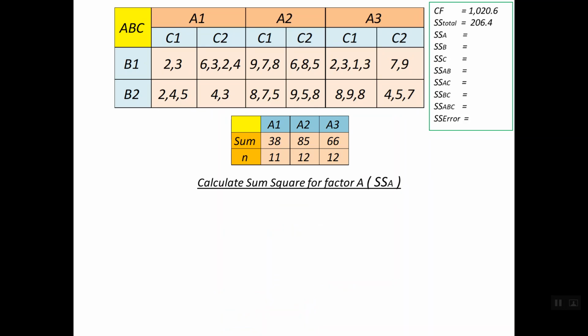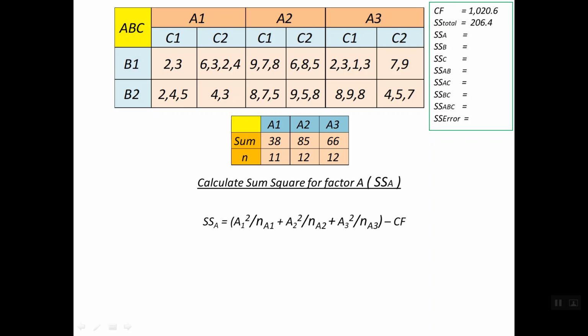Now we can calculate the SS for the main factors, and we start with factor A. So we need to calculate the SSA. The formula to calculate the sum of squares for factor A is this formula.